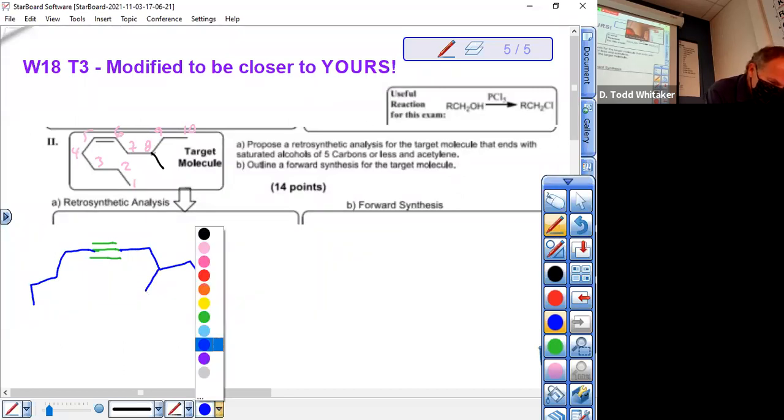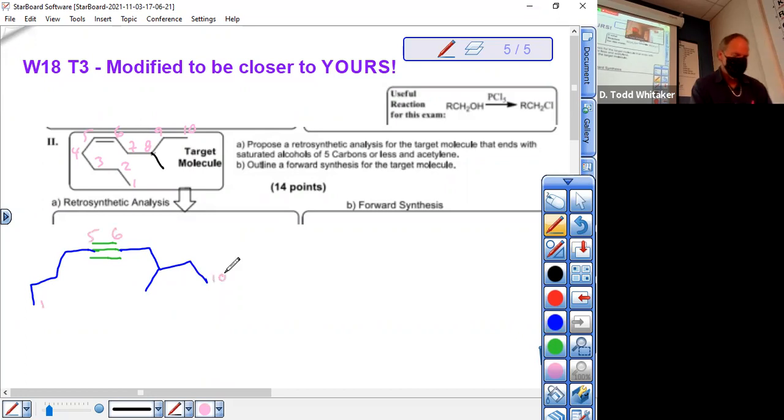I don't need all the numbers. 1, 5, 6, 10. There you go. The triple bond was made into a double bond on the same 2 carbons, 5 and 6. You're going to show me how when you do the forward synthesis.